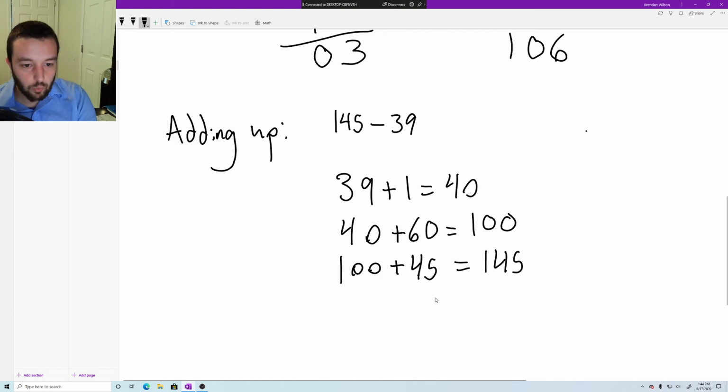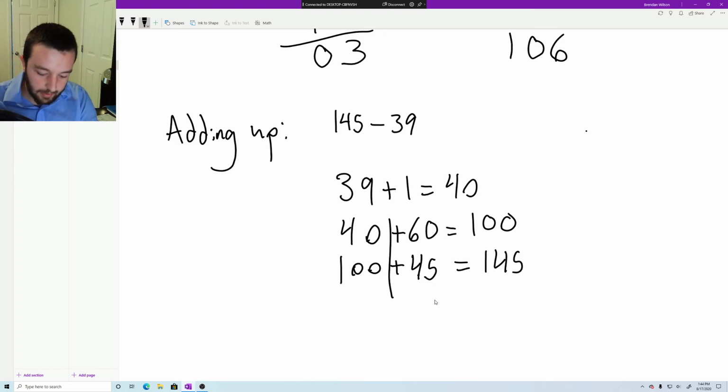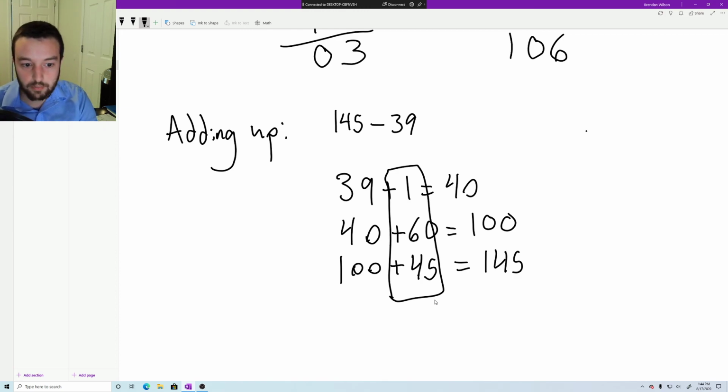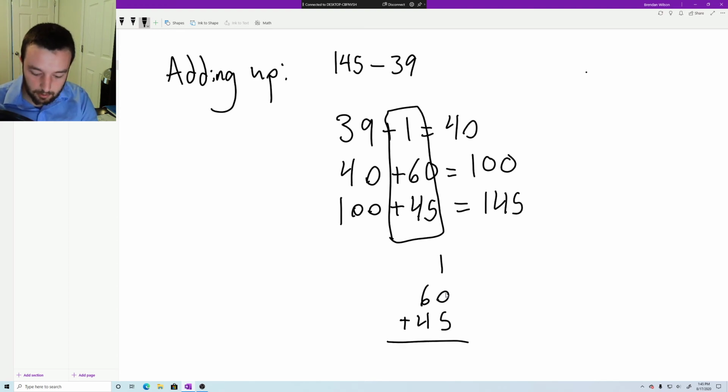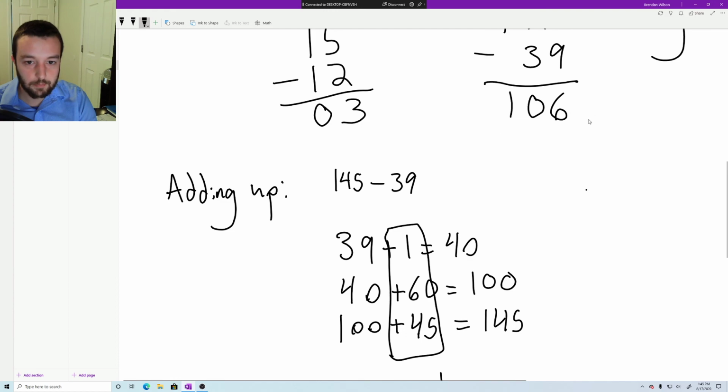And then the subtraction answer is this addition problem right here: 1 plus 60 plus 45. It's not really lined up well, so let me line it up better. So 1 plus 0 plus 5 is 6. 6 plus 4 is 10. So we end up getting 106, which is the same thing we got over here.